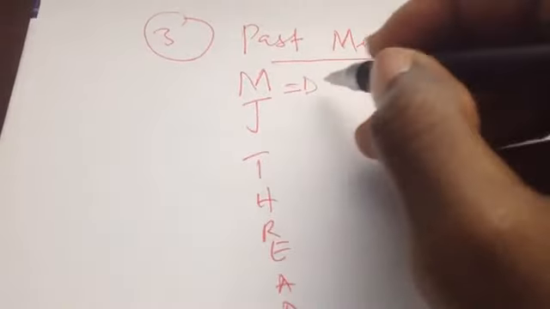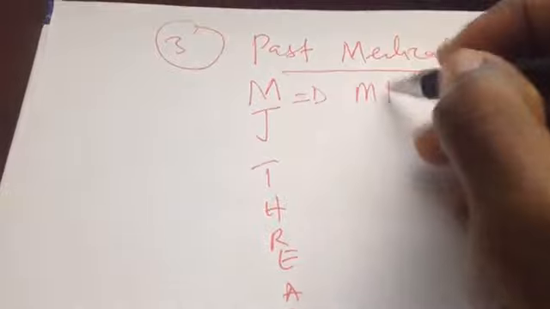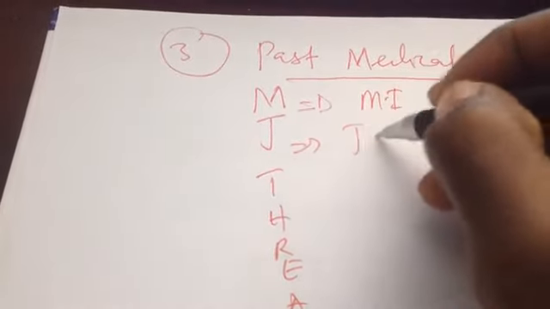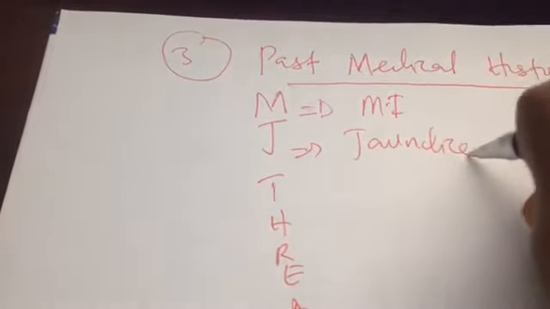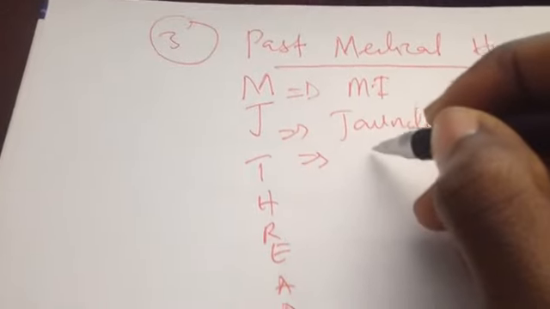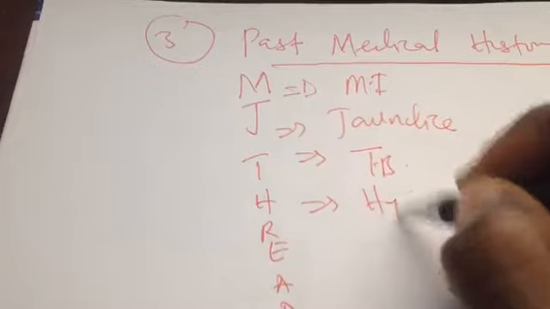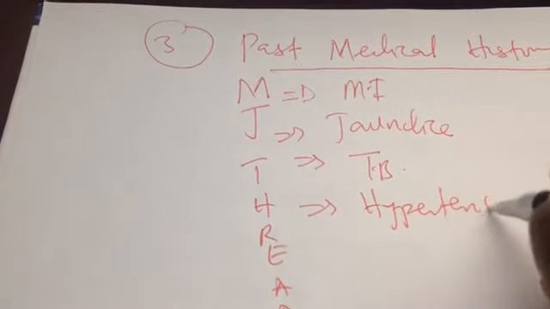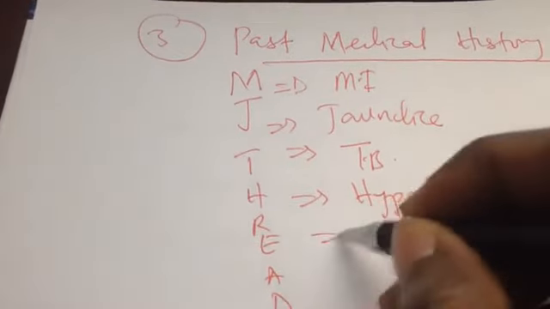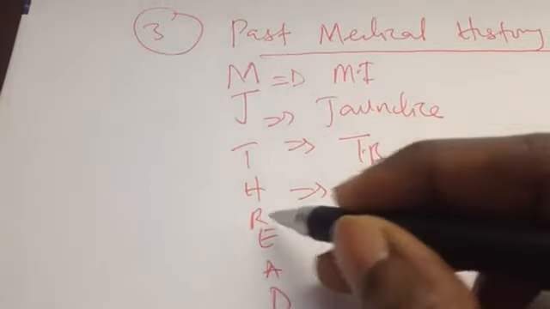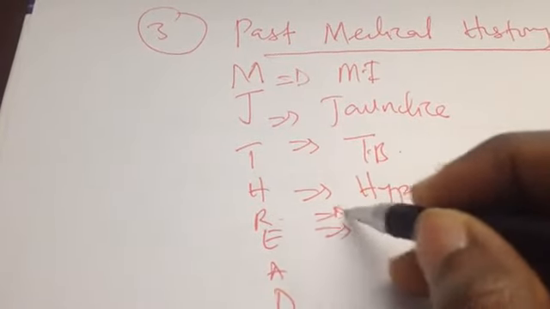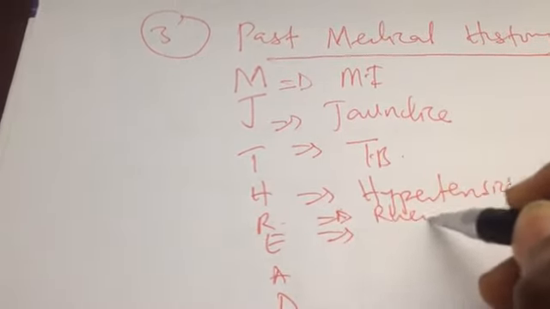So, for example, this M is myocardial infarction, MI. This J is jaundice. This is TB. This is hypertension. This R is rheumatic fever.